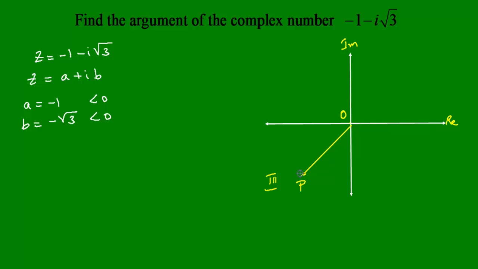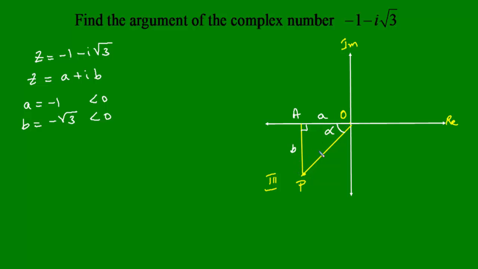And then what are we supposed to do next? Drop a perpendicular to the real axis. So, let us call this A, and this is of course perpendicular. And then locate the acute angle. So this is the acute angle alpha, and of course OA is a units and AP is b units.